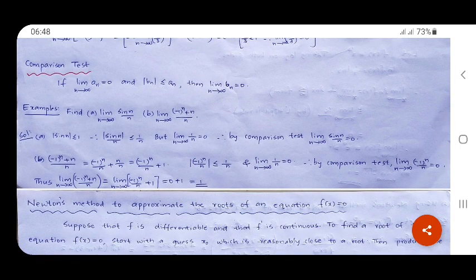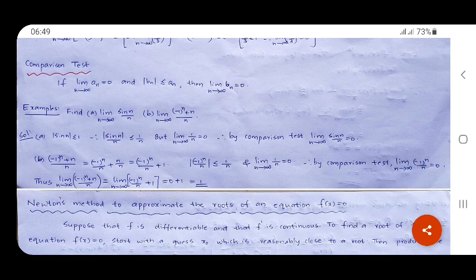Second one, limit n tends to infinity minus 1 raised to n plus n divided by n. So splitting, this is minus 1 raised to n by n plus n by n, so minus 1 raised to n by n plus 1. Now this limit is equal to limit n tends to infinity minus 1 raised to n by n plus 1, because 1 is independent of n. And let us see what the limit n tends to infinity minus 1 raised to n divided by n is.